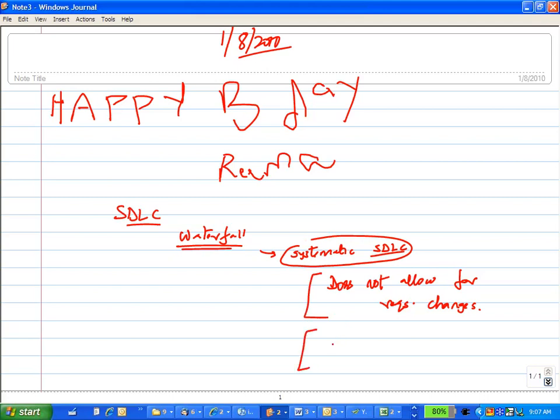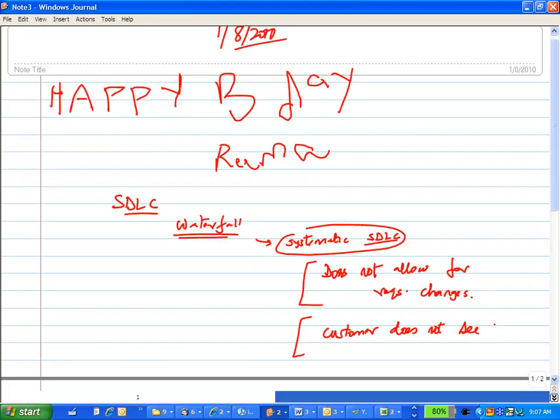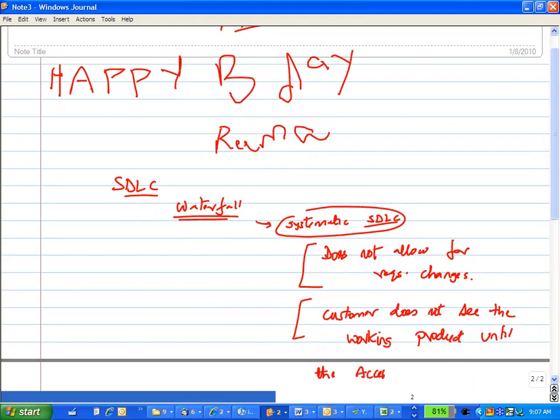Another shortcoming is that the customer does not see the working product until the acceptance phase, which is also a problem, right?